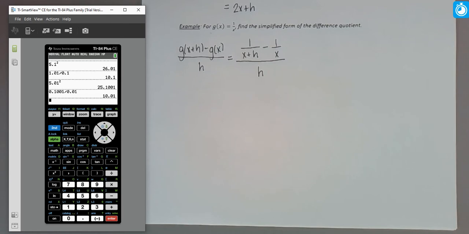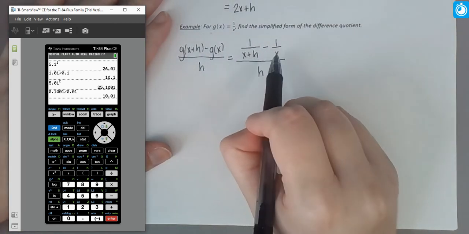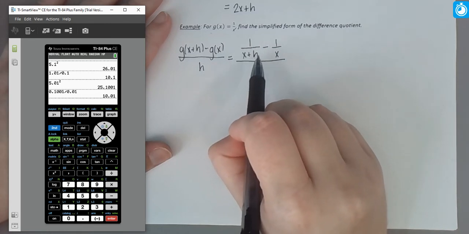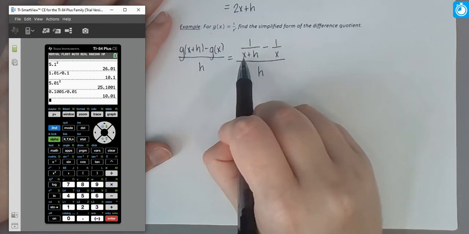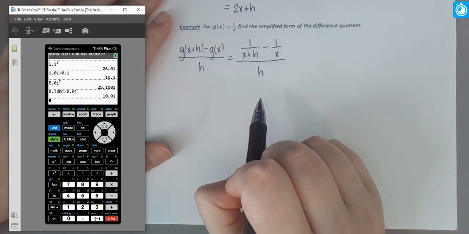They're subtracted, and in order to add or subtract rational expressions or fractions, we need to have the same denominator. So at this moment, we need to get a common denominator. These two denominators are each a single factor. This one has two terms, but it's one factor. So this factor as a whole and this factor as a whole have nothing in common.